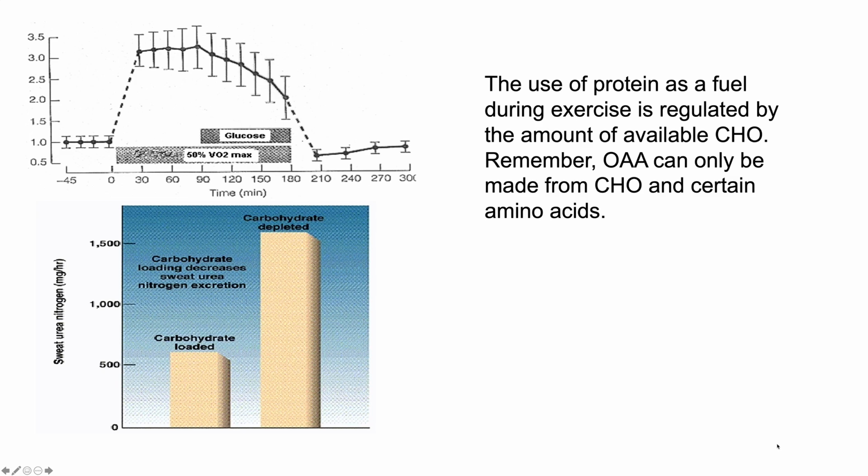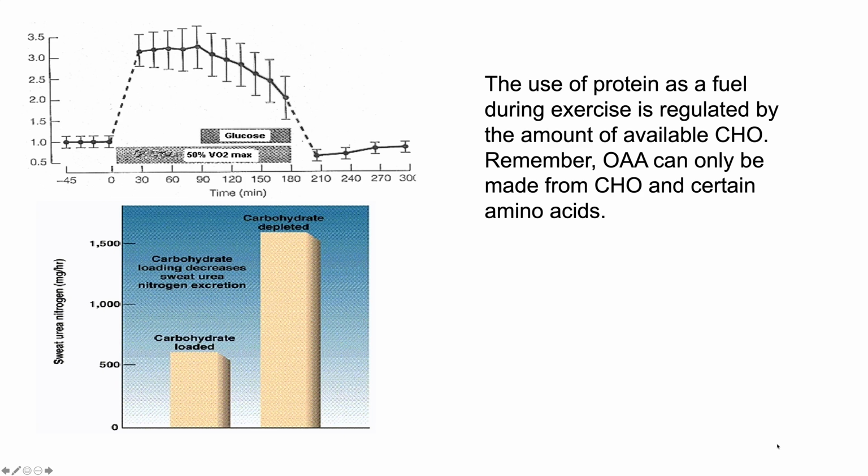And then once it gets to the top, you can see the point where they start to feed glucose. Protein breakdown immediately starts to decrease just by feeding glucose halfway through the race or the competition. Okay, so protein breakdown will immediately start to go down right when you get the presence of a carbohydrate.